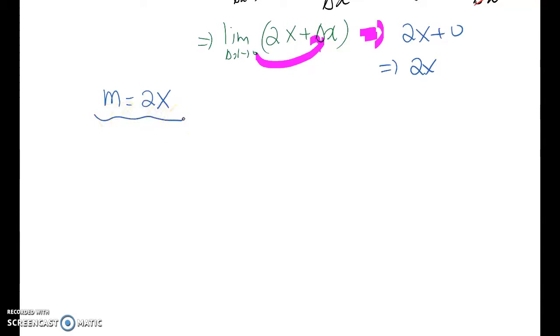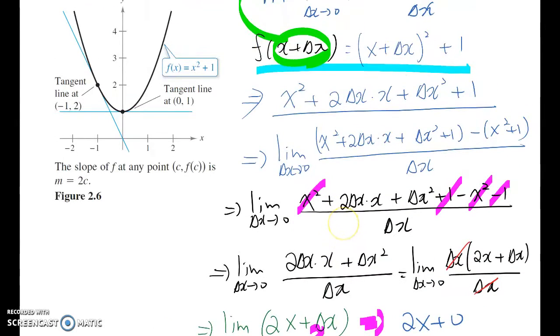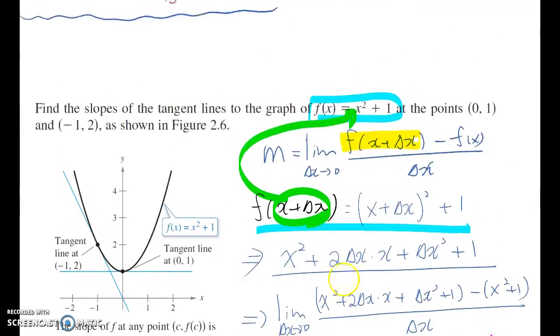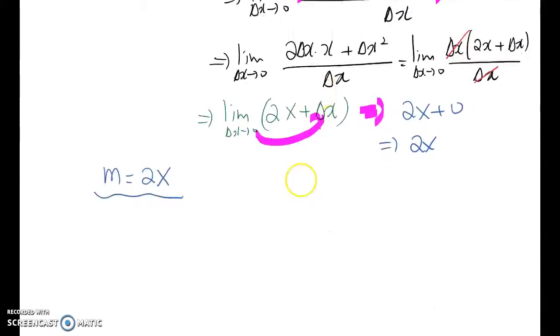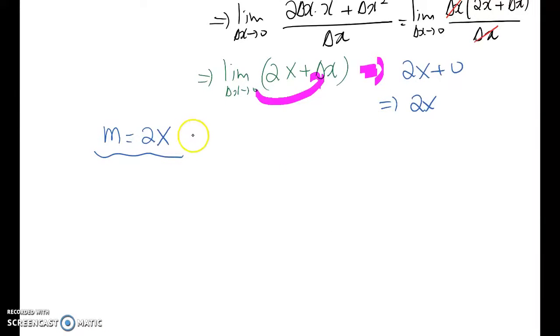Now what do we need? We just need the x value here. So go back to the points. It was (0, 1) and then (negative 1, 2), right? So plug those values. Then m equal to 2 times 0 equal to 0 at (0, 1).